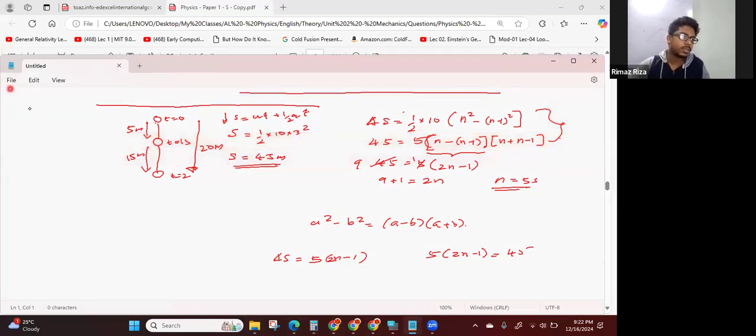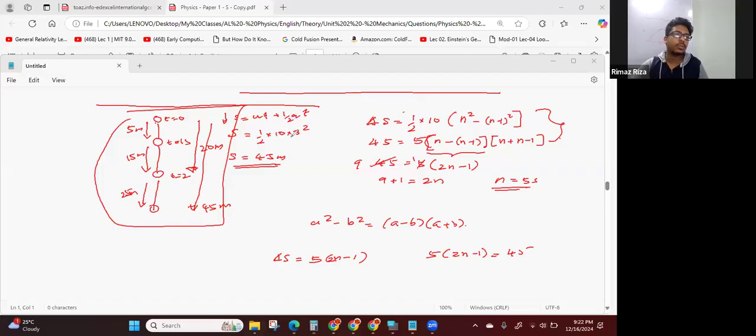And in the third second, it will travel a distance of 25 meters. So therefore, here 20 and 25, 45 meters. Now, if you know these things and have good practice with these questions, you won't even write this. You know that after 3 seconds, it will fall 45 meters.